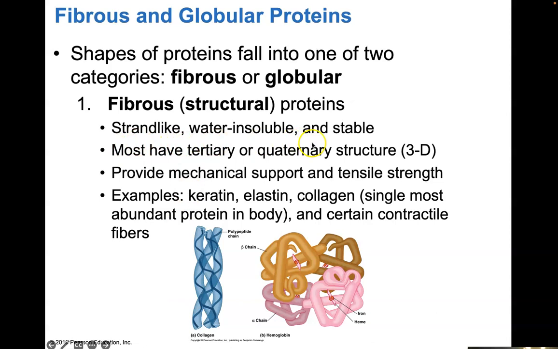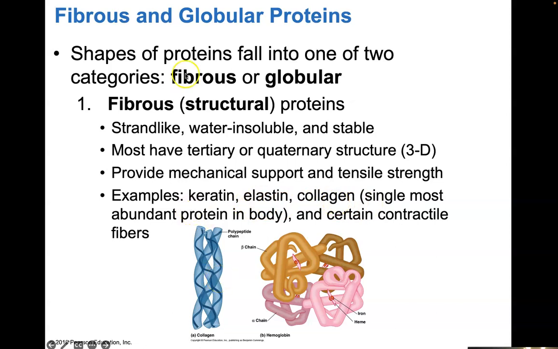They're typically water insoluble and pretty stable. And the reason that these are important is because they form these fiber-type structures with their tertiary and quaternary folding. They're going to be more important for mechanical support and tensile strength. So these are going to be things like keratin in your fingernails, elastin, and collagen. We're going to talk about elastin and collagen strands in your tissue.